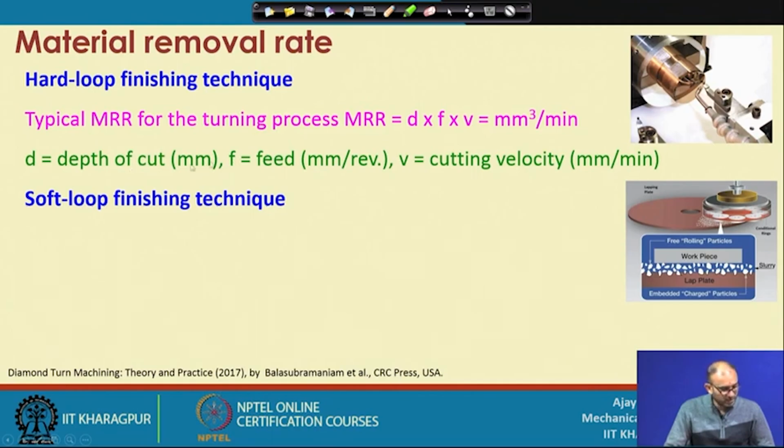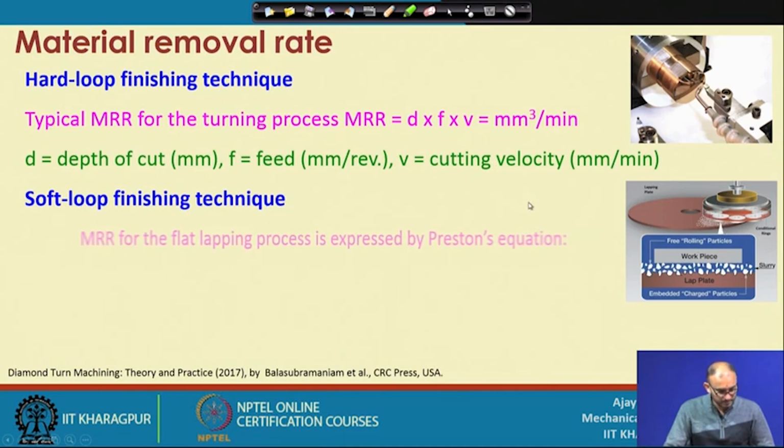So depth of cut cannot be used here. Feed rate is not important here; how you are moving is actually the cutting velocity, not the feed rate. So feed rate is not coming into the picture. Velocity plays an important role. Other than velocity, what is important is how much you are pressurizing from the top. So cutting velocity and pressure play an important role in soft loop polishing or loose abrasive machining.